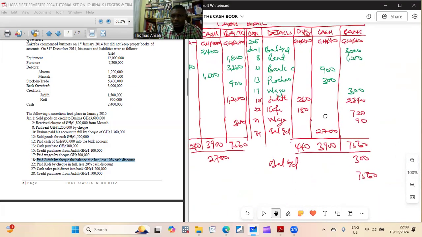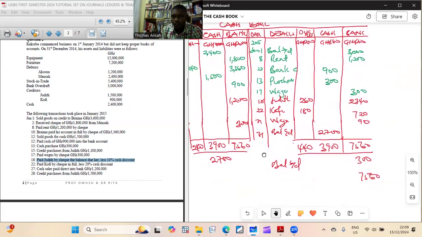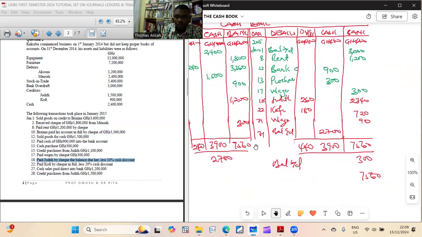Okay. So the bank part of everything we are doing will be 3,000 plus 1,200 plus 300 plus 2,340 plus 720 plus 90. That is rather the other way around. So the 100 has popped up, right? So I have it like 7,650 rather. So 7,650.